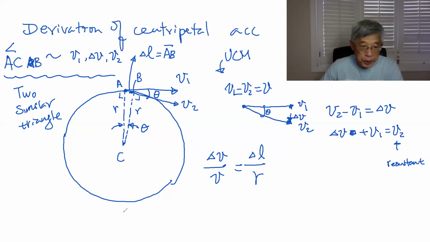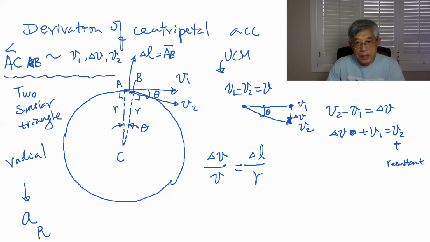All right? So we know A in the radial direction, in this direction, is going to be due to the velocity's direction change. So it goes this way and later goes this way.